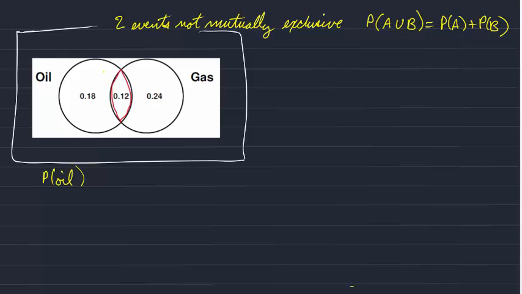So the probability of oil is the area, well, it's equal to 0.18 plus 0.12. That's 0.3.